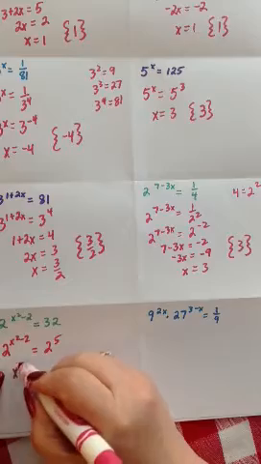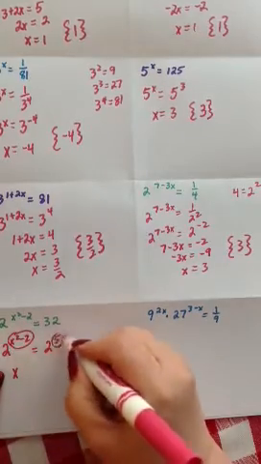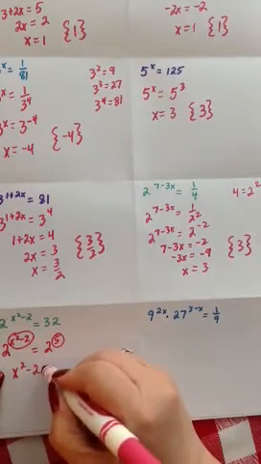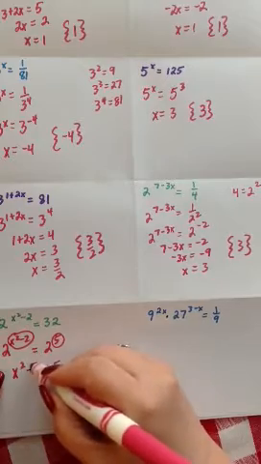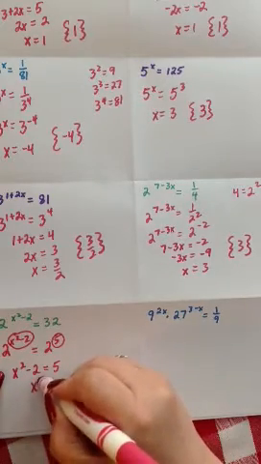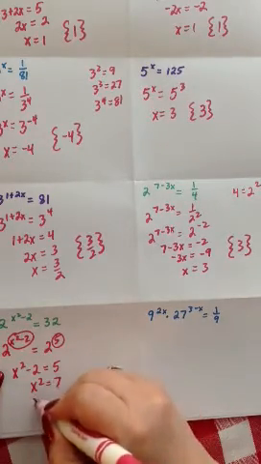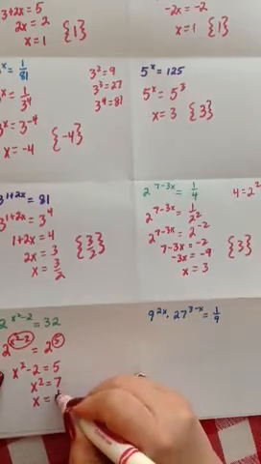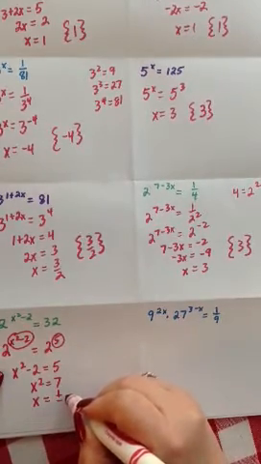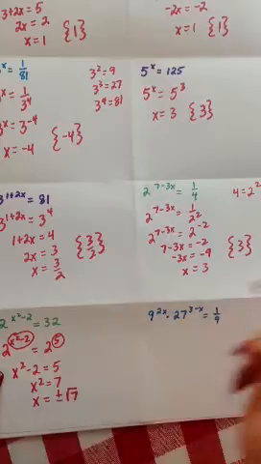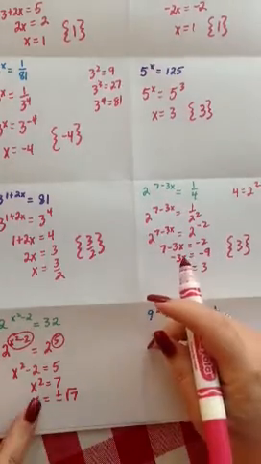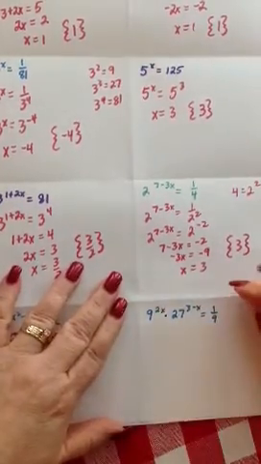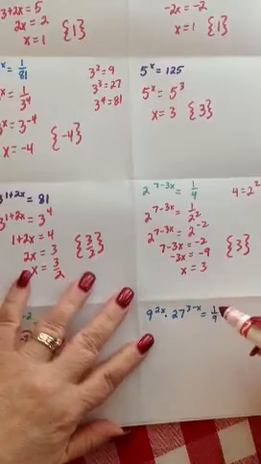Then go ahead and set your exponents equal to each other. So x squared minus 2 is equal to 5. Just invite the 2 to come over here. So x squared is 7. So x would be equal to plus or minus square root of 7, because you have to take the square root. All right, this one looks a little trickier because there's more parts, but it's okay.